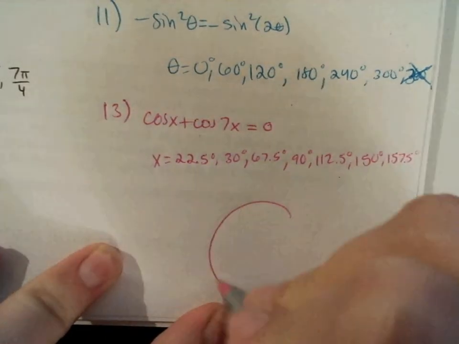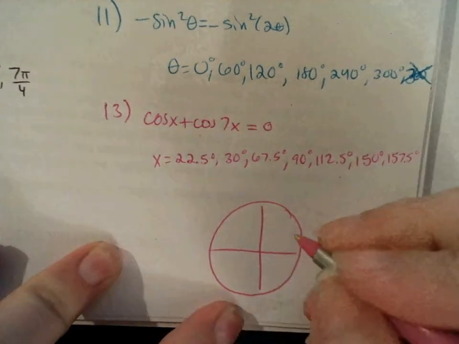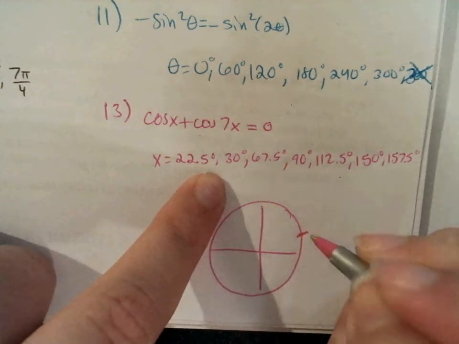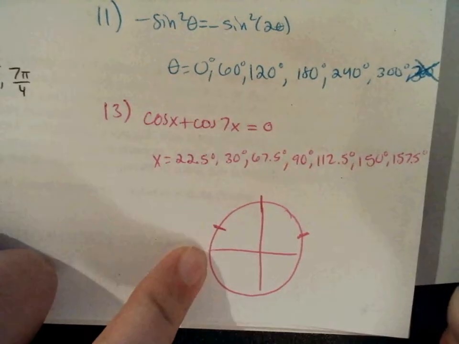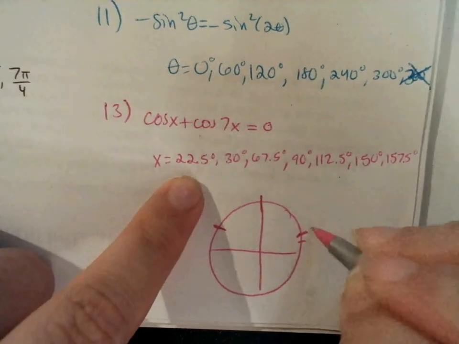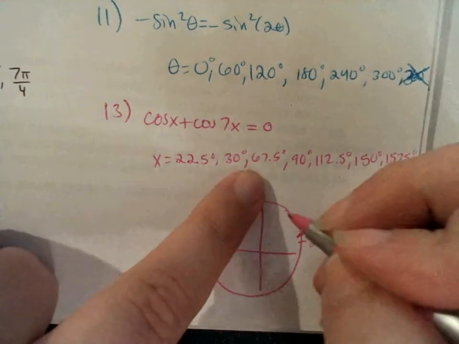Let's map this out on the unit circle. So far, my answers have been, I'm going to go with the whole number ones, I've had 30, I've had 90, and I've had 150. And then I've had 22.5.